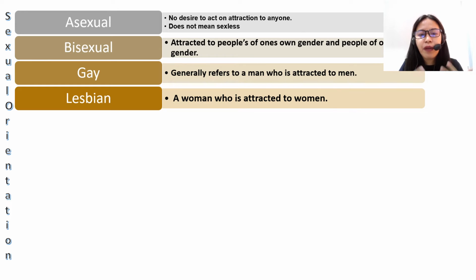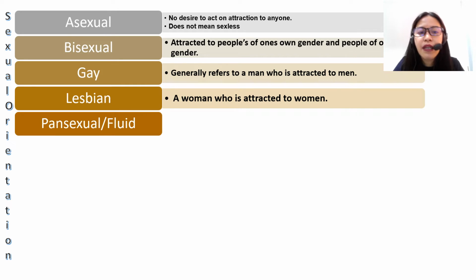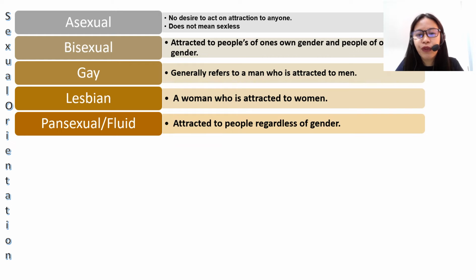So if you are a person who is attracted to women and you are a woman, then therefore you are lesbian. Okay? If lang yan ha, kung ikaw ay babae tapos yung gusto mo ay babae, then of course you are a lesbian. Okay? Aside from lesbian, we have also pansexual or fluid.